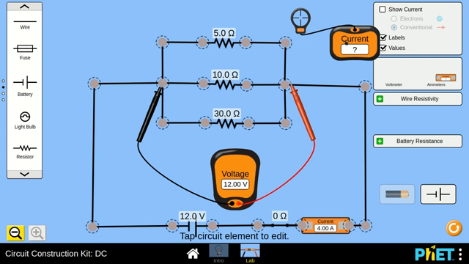Whereas if you see the current in the circuit, it is 4 ampere here, and if you connect the ammeter at 5 ohm resistor, you get it as 2.4 ampere. Across 10 ohm resistor, when you connect, you get 1.2 ampere, and here you get it as 0.4 ampere.